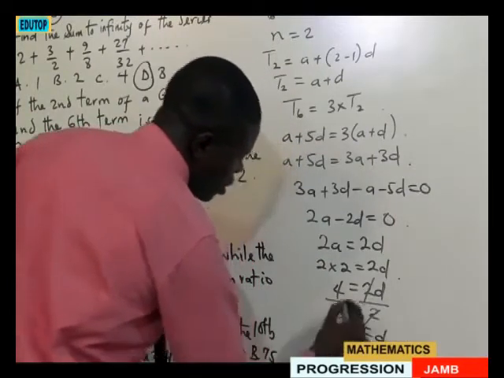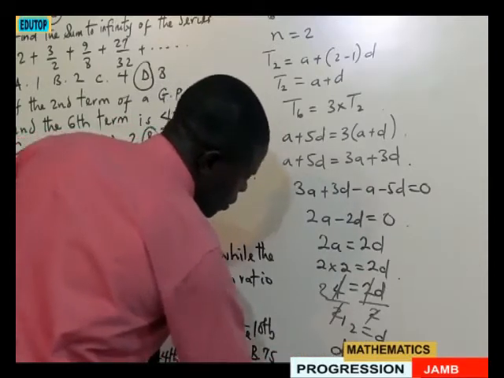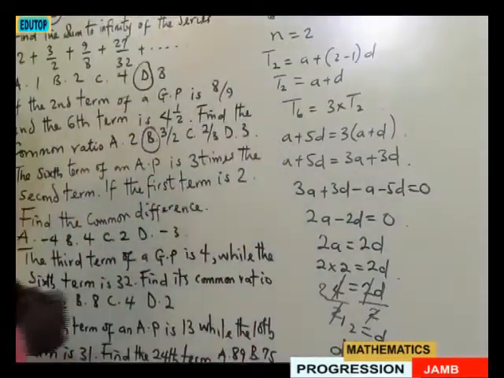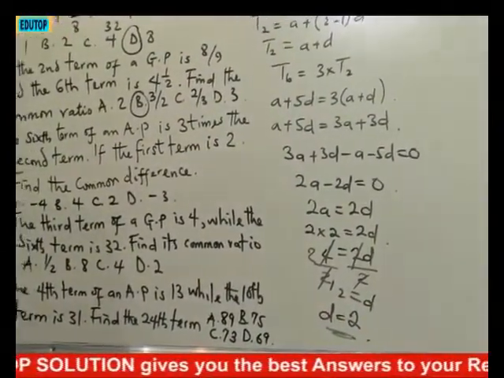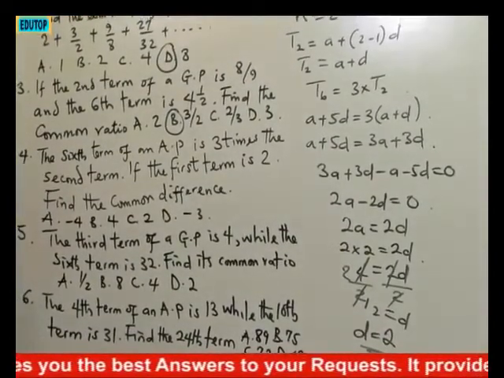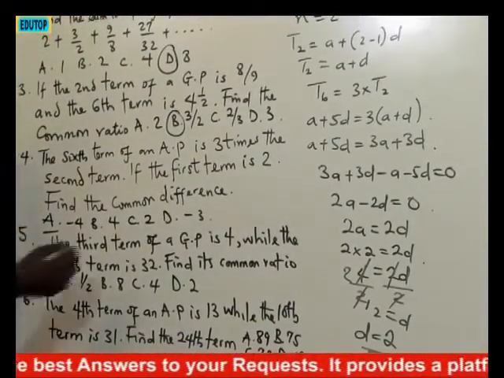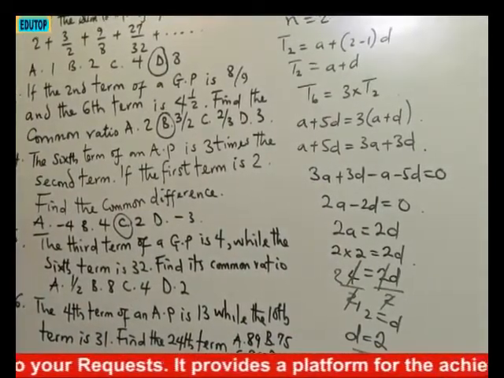So I have my d. 2 here 1, 2 here 2. So my common difference is equal to 2. So I go to my options and pick the one that correlates with what I have gotten. My common difference is 2, so option C would be the suitable option for question 4.